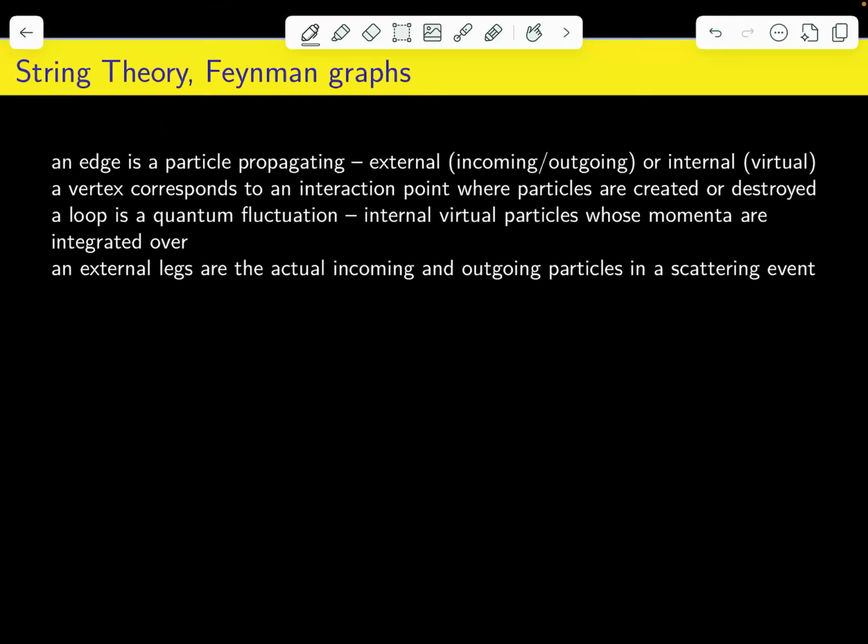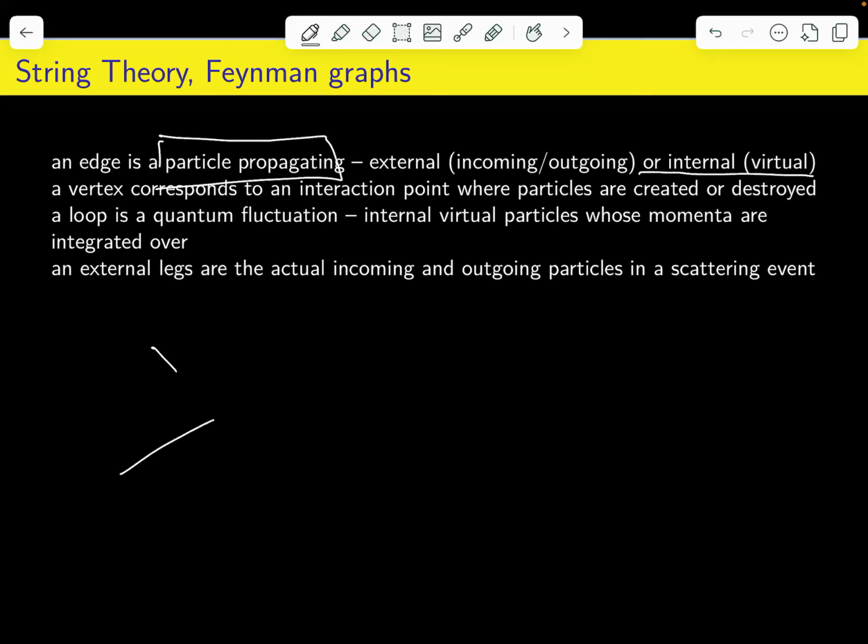Feynman graphs appear when we have a certain model for particles and how they interact. Every edge means a particle propagation. It may be an internal or external particle; some particles collide, or it may be a virtual internal particle. The vertex corresponds to an interaction.